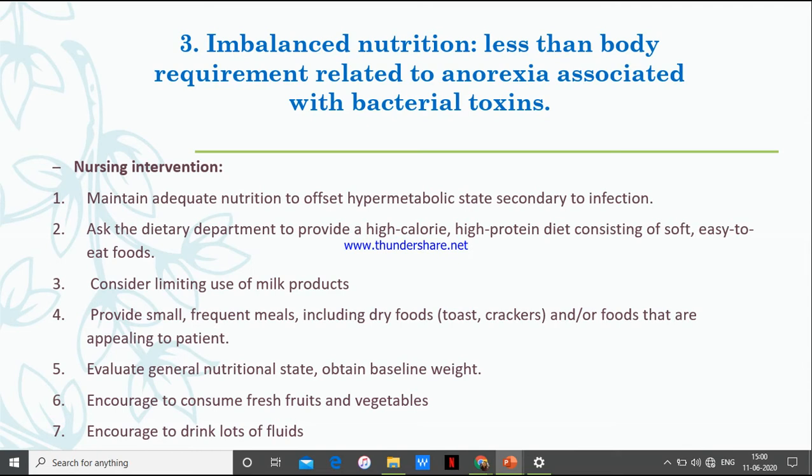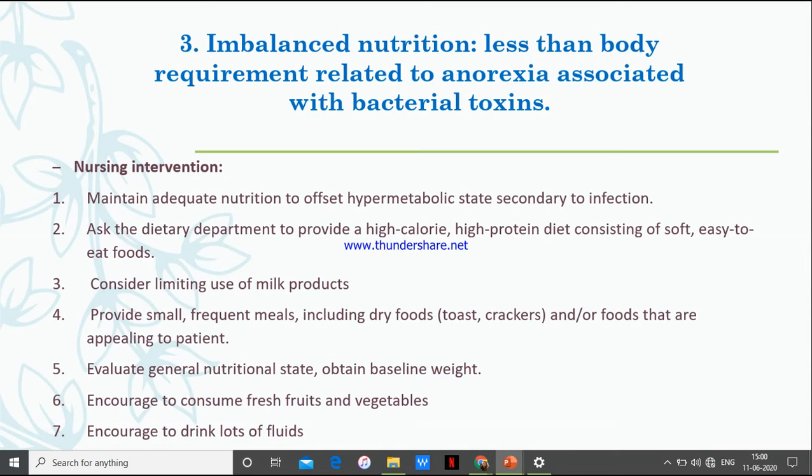So we try to give soft food, not hard solid foods, so that the patient will swallow easily, and we will give a high caloric and high protein diet. Then consider limiting the use of milk products. Provide small frequent meals including dry foods like toast, crackers, biscuits, or foods that are appealing to the patient.